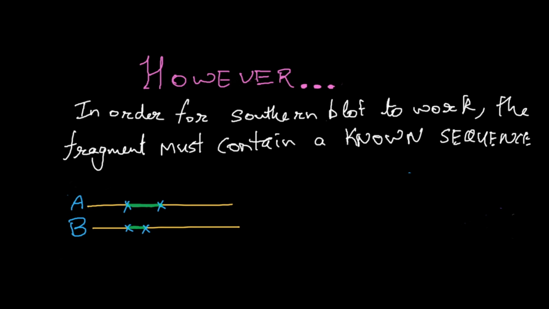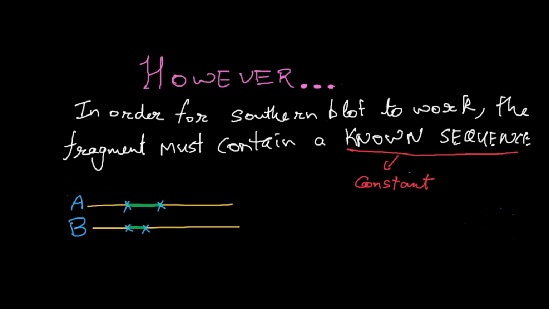Now I want you to just pause and think about this for a minute, which is that these two requirements are on opposite ends of the spectrum, right? Because when we talk about a known sequence, we are talking about something that is fundamentally constant. It's something that's constant across people.